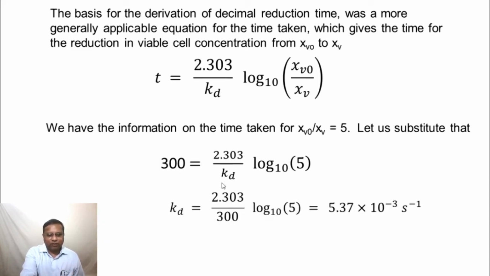If we multiply this side by Kd and this side also by Kd, and divide both sides by 300, we get Kd equals 2.303 by 300 log 5 to the base 10, which turns out to be 5.37 into 10 power minus 3 second inverse.